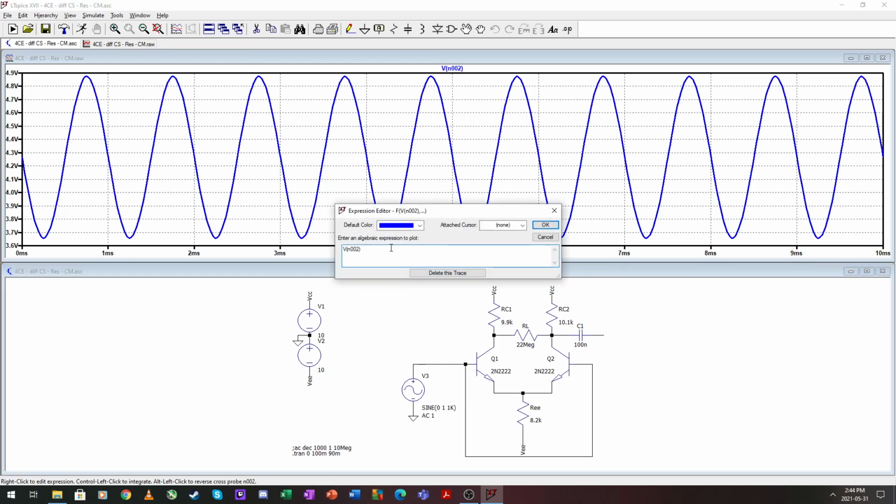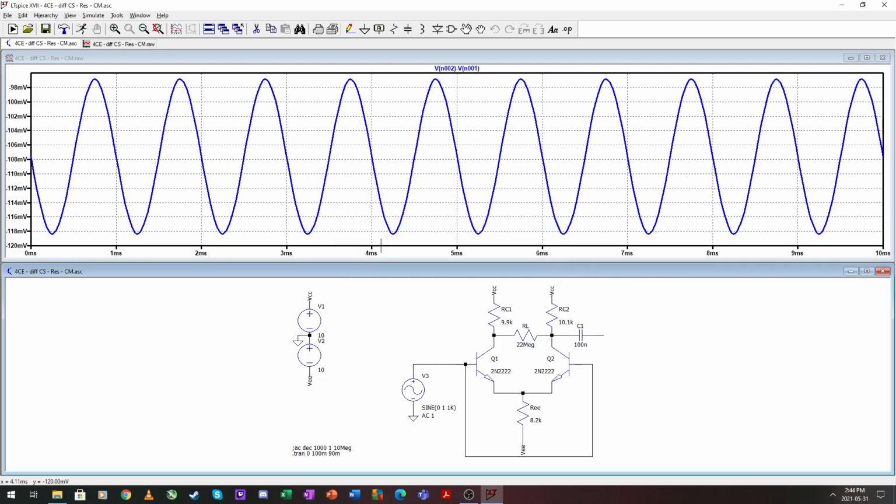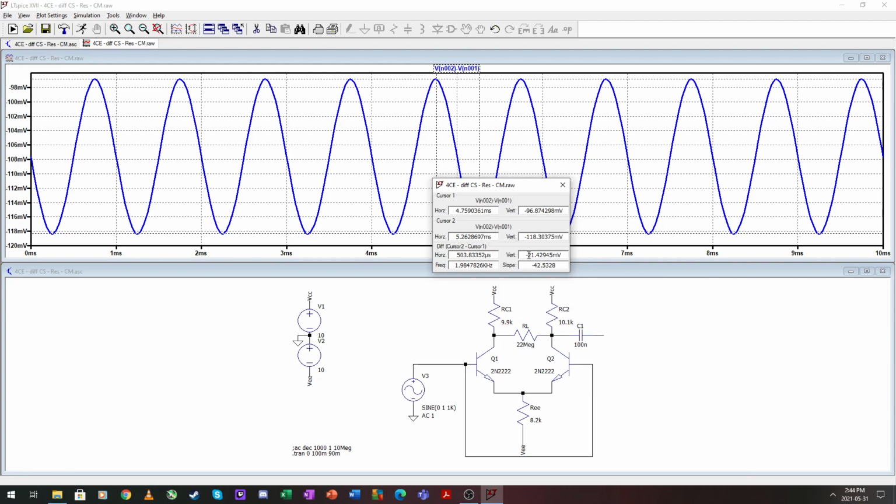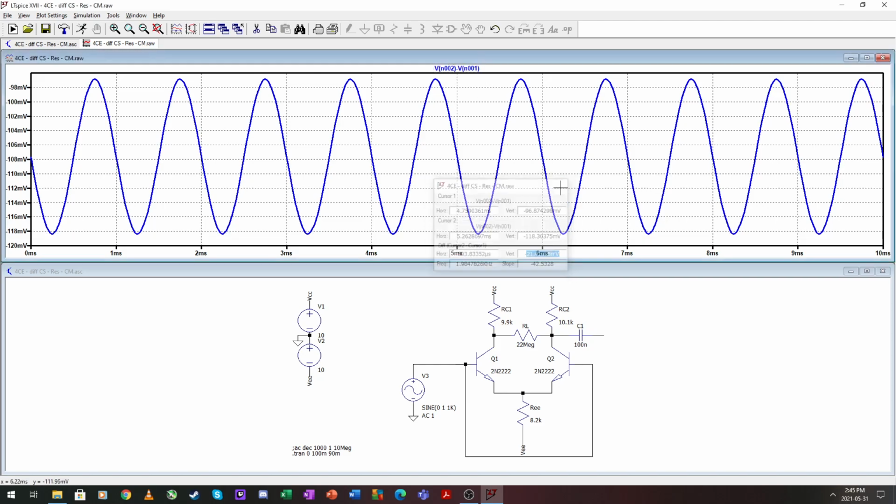And if we do our differential, we will see that we have our 100 millivolt offset, and we have a fairly large common mode signal as well. So 21.5, that is 10.7 millivolts per volts. Common mode signal right there.